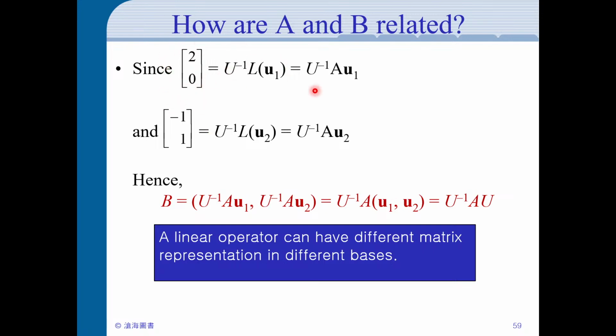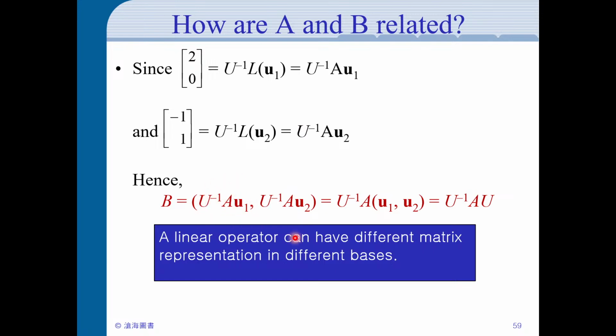We apply U minus 1 on L of U1, and L of U1 is, in the standard basis, A of U1. Then the second vector, minus 1, 1, is U minus 1 on L of U2, and L of U2 is A U2. So you put this as the first column and this as the second column.